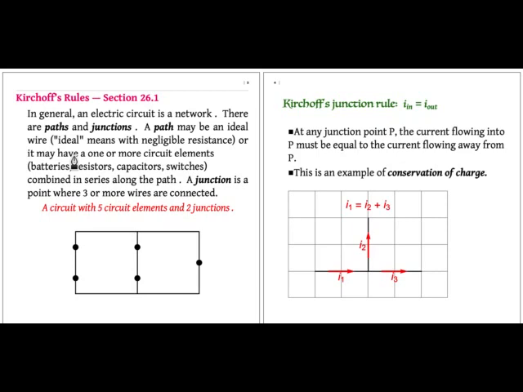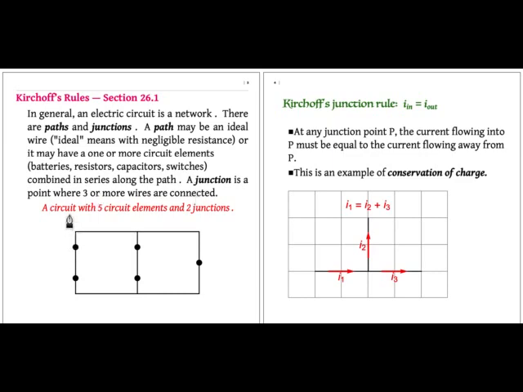Or it may have one or more circuit elements along the path. And we're considering batteries, resistors, capacitors, and switches. So if they're connected in series along a path, then they're part of the path. So those are the paths. And then a junction is a point where three or more wires are connected.